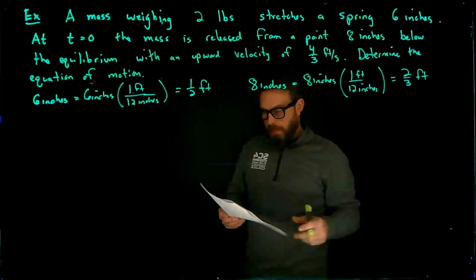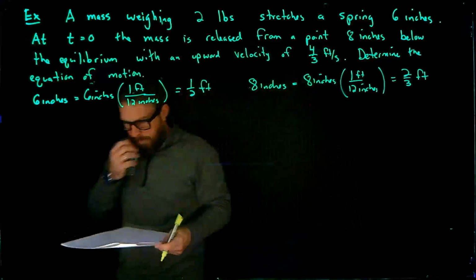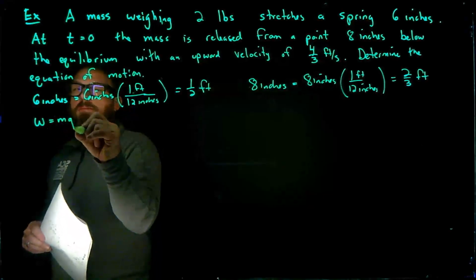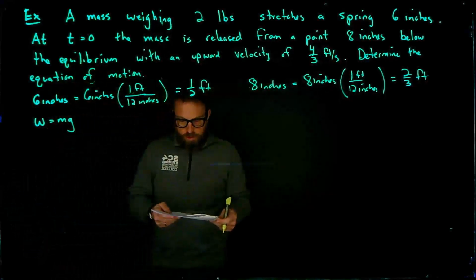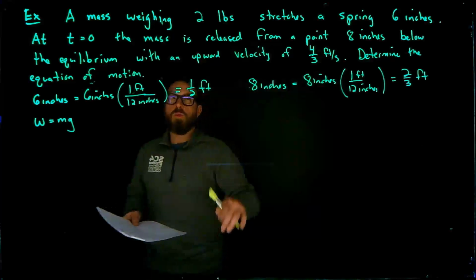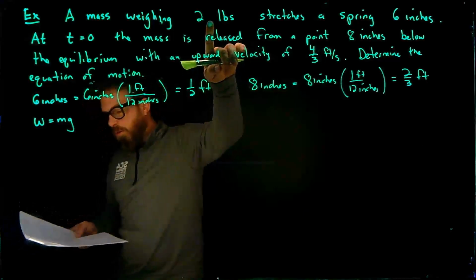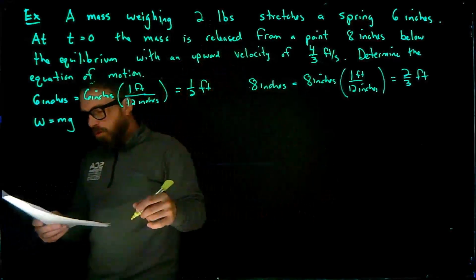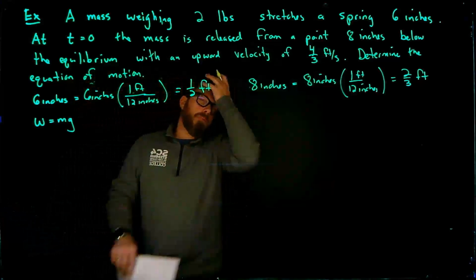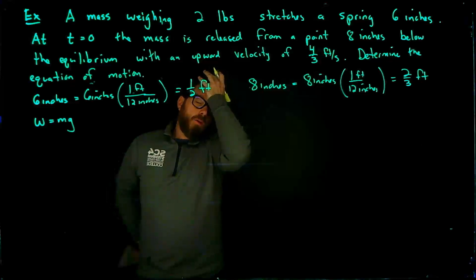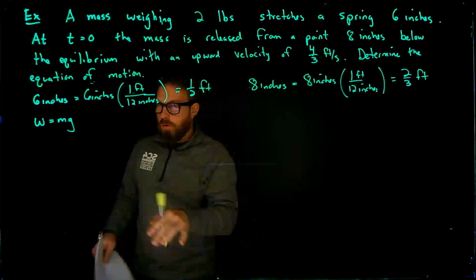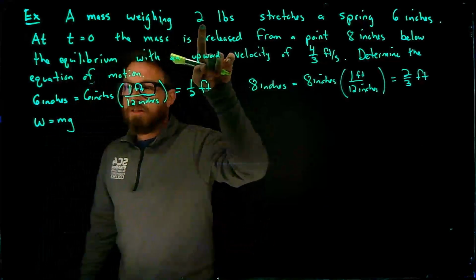That's much better. Okay. Now, we know that W is equal to M times G. So our weight was equal to 2, and our force of gravity is equal to 32. Our goal is to be able to find M, because in order to find omega, I'm going to need to know M and the spring constant. So our goal is to find this M, and all I've been given is this particular weight.